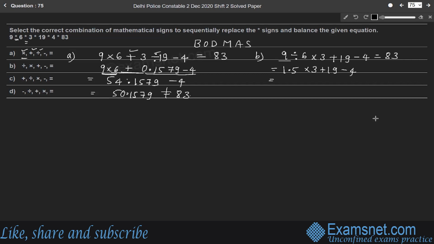So 1.5 into 3 is 4.5 plus 19 minus 4, which is plus 15, which is 19.5, which is not equal to RHS.